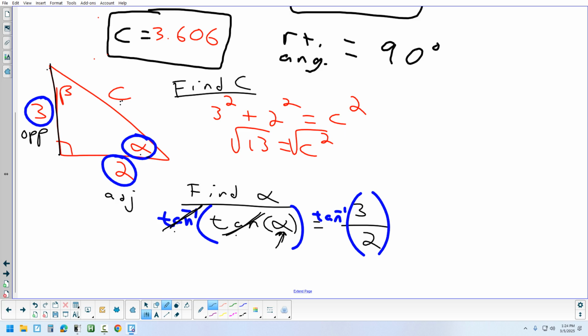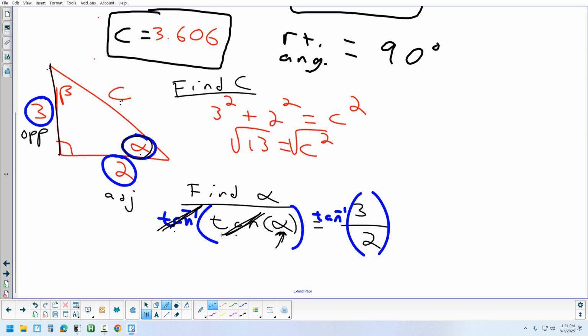Right. I know that this can't be bigger than 90 because it's an acute angle in a right triangle. It has to be smaller than 90, and I know it's going to be more than 0. So if I know it's more than 0 and smaller than 90, is that between negative 90 and 90? Yes. So this formula will work.